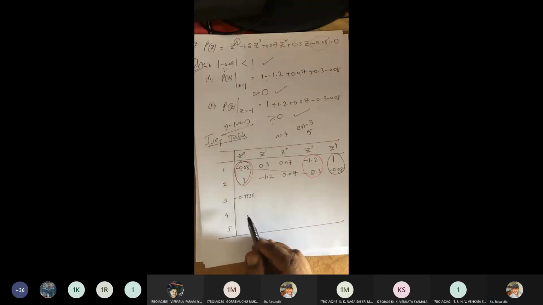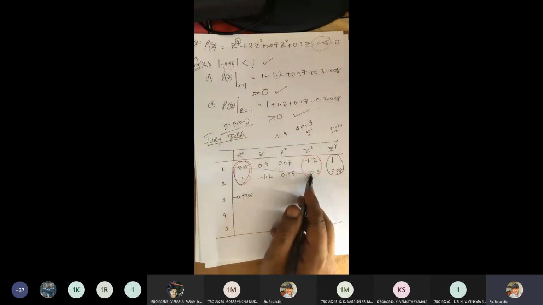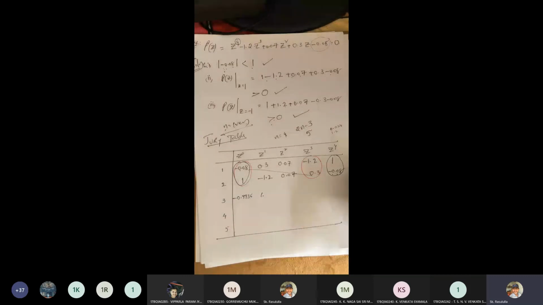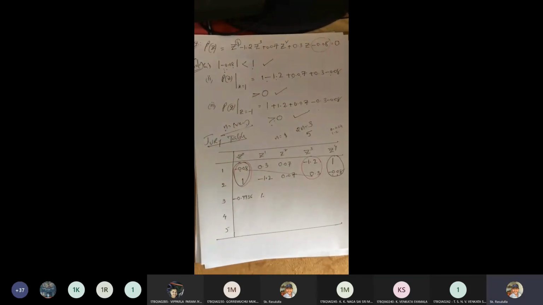Calculator, wait a minute, I'll bring the calculator. Minus 0.08 into 0.3, that is 0.024.